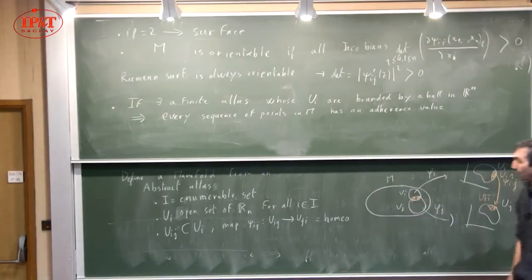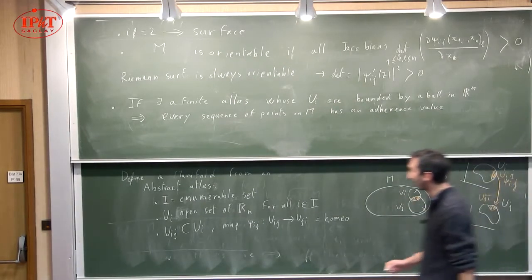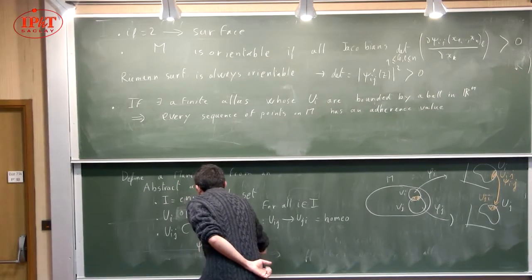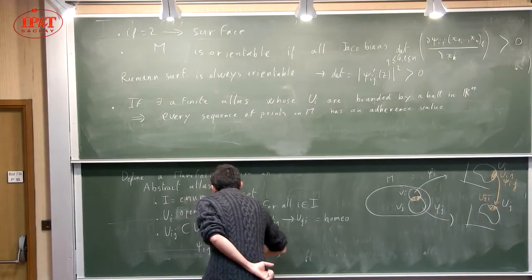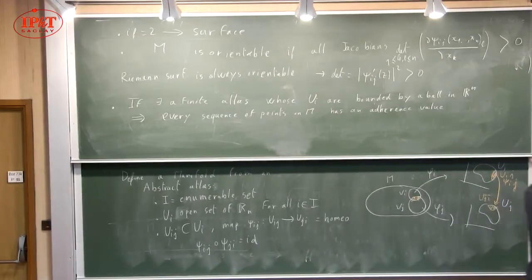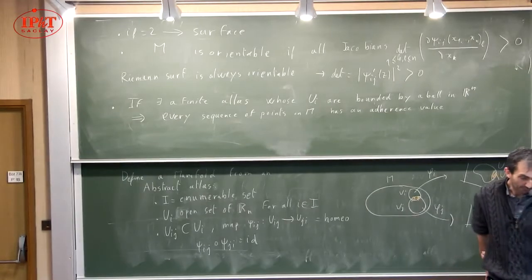But that's not enough. I want to require something else. I want to require that psi ij, psi ji must be identity. And I want to require something more.